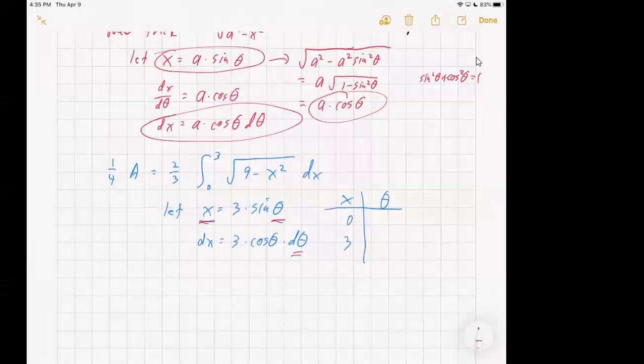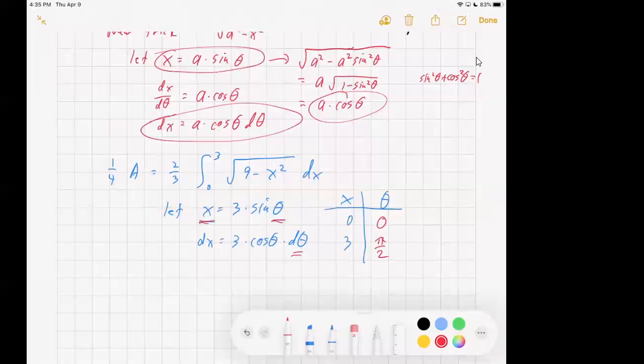If I want x to be 0, clearly the sine of theta needs to be 0. So the sine of 0 is my best guess for that, right? If I want x to be 3, the sine of theta needs to be 1, and that happens at pi over 2.